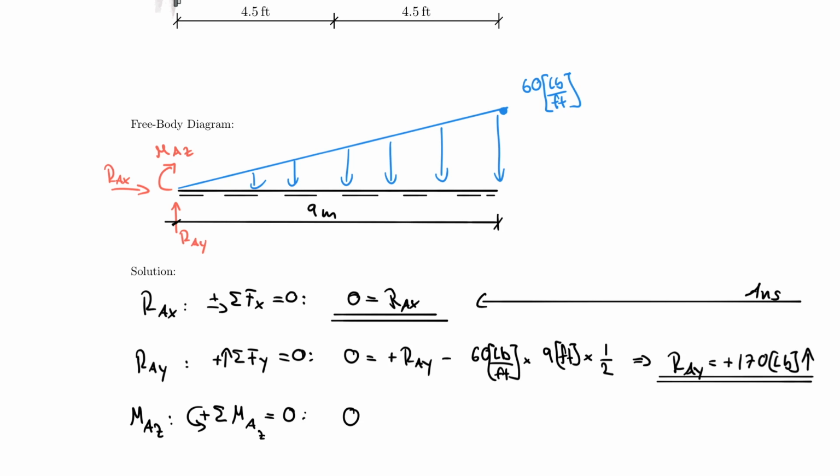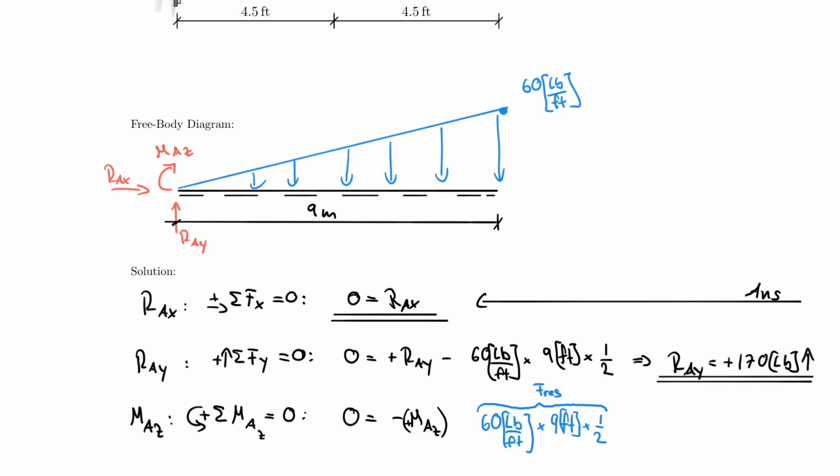And 0 is equal to, in this case, minus MA about the z-axis, because I assumed it to be clockwise, and then the 60 pounds per foot multiplied by 9 feet multiplied by 1/2. This is the lumped force, right? So this is F resultant.